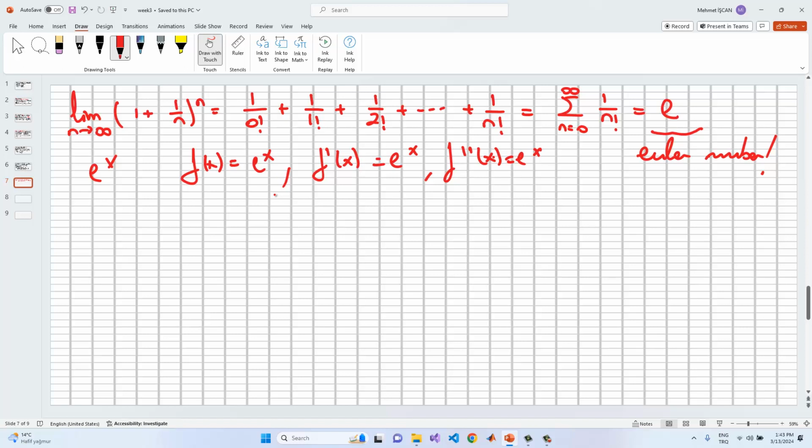In control theory, in the frequency domain, in the time domain, in every domain, we use this e number with x or j or something else. Every derivative operator yields itself. This is the common point, the basis for dynamicity.